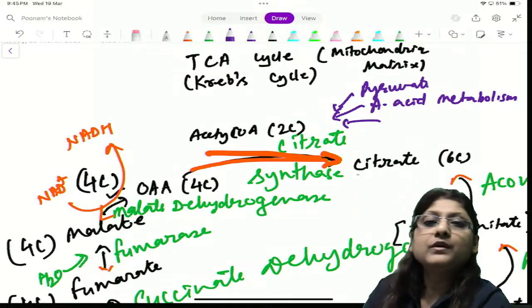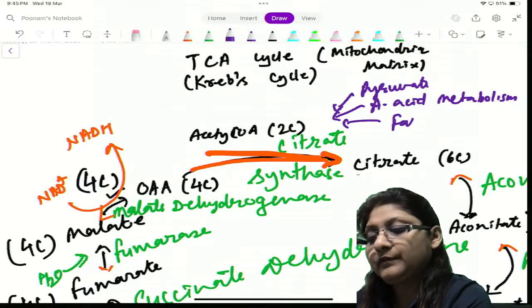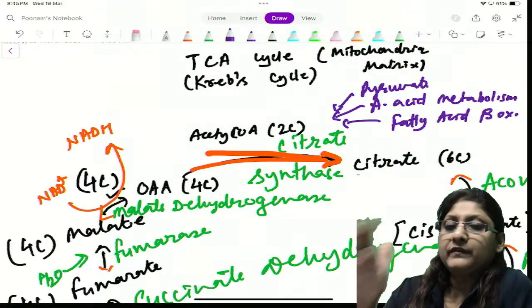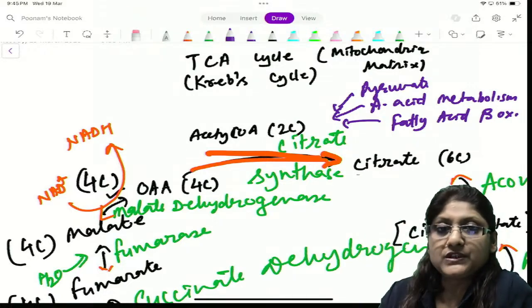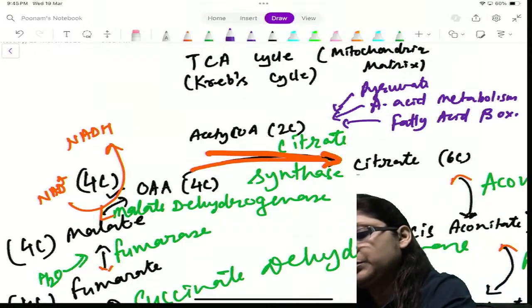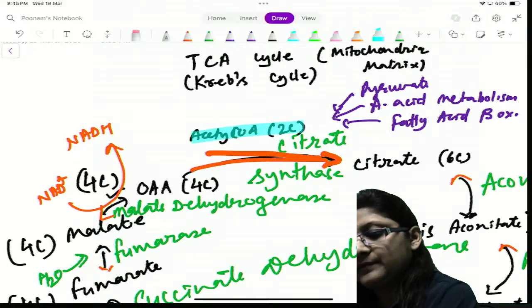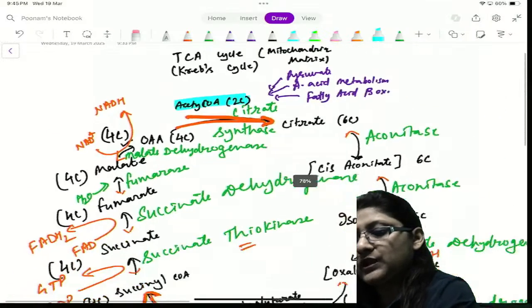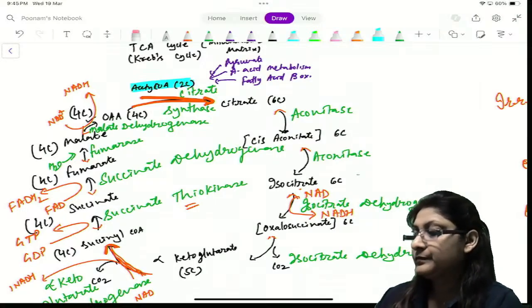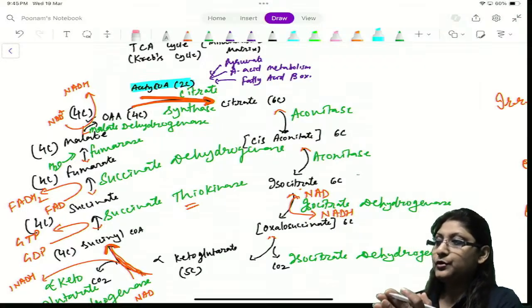This acetyl-CoA may also come from fatty acid beta oxidation, which you will be learning later. So whatever the material is, whether it is amino acid or the glucose or the fatty acid, ultimately whenever we are going to get the acetyl-CoA, this is going to get utilized in this TCA cycle for the sake of production of 10 ATP. I just hope it is clear to you, all of you.